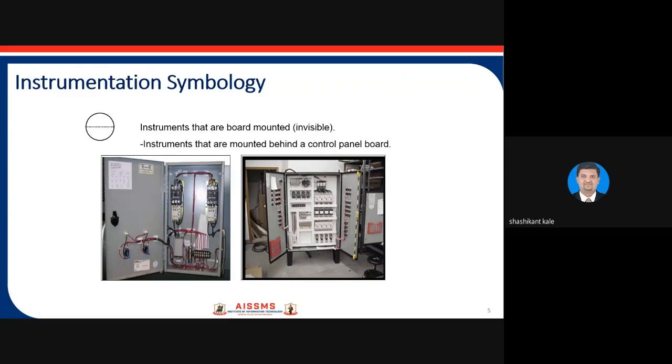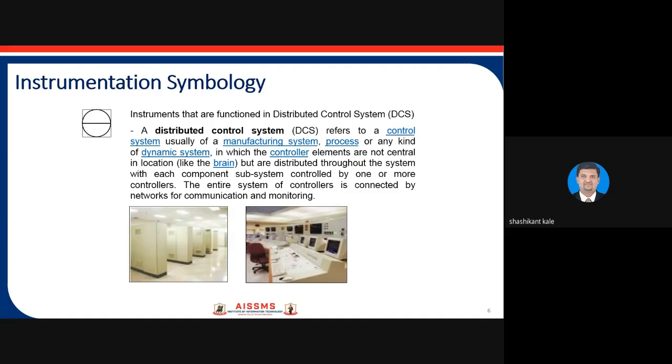Sometimes the instrument is installed inside the panel, so it is not visible to people. That is shown by this symbol. Sometimes instruments function in the distributed control system, DCS, or programmable logic controller, PLC. At that time the instrument is shown like this.